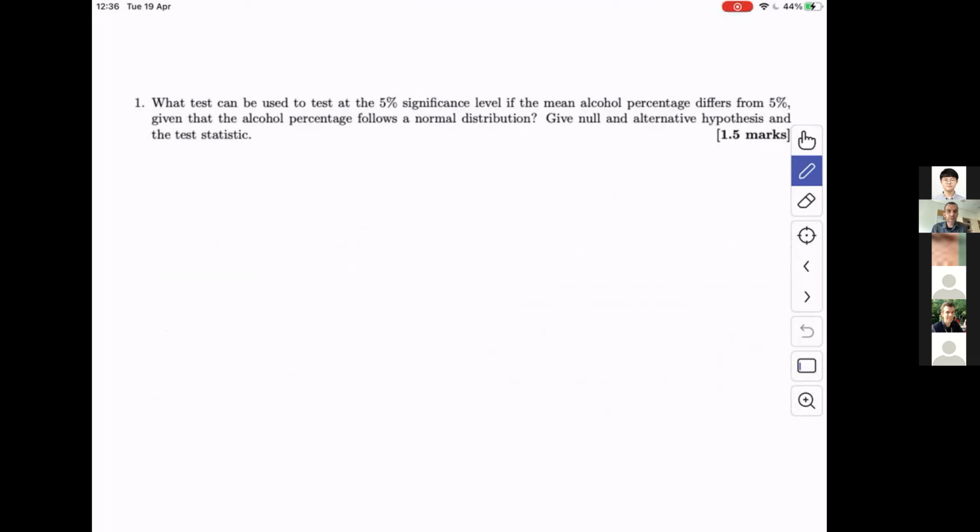So for the first part, we have our null, and so what test can we use? Here we basically have a one sample t-test or a z-test, so normal, if you assume that the sample distribution is normal, but a one sample t-test would be good.